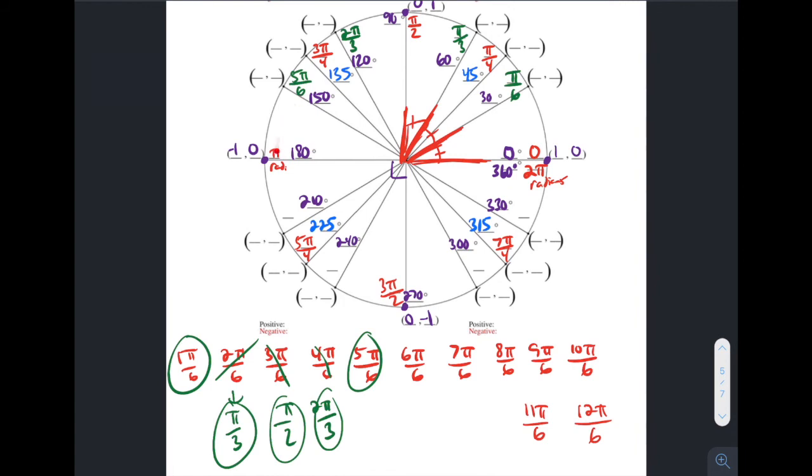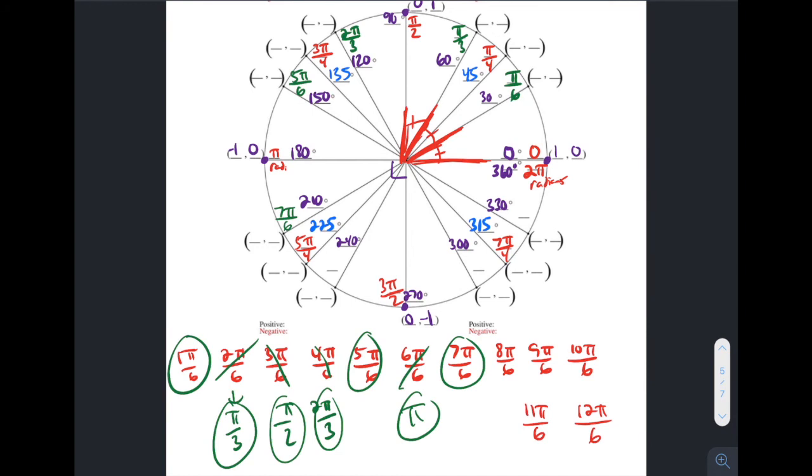If we go another 30 degrees or pi over 6 radians, we're going to be at 6 pi over 6, which is the same thing as pi, and we see that that's on here already, which is great. If we go that additional 30 degrees or pi over 6, we're now at 7 pi over 6, which does not simplify, so I'll leave that.